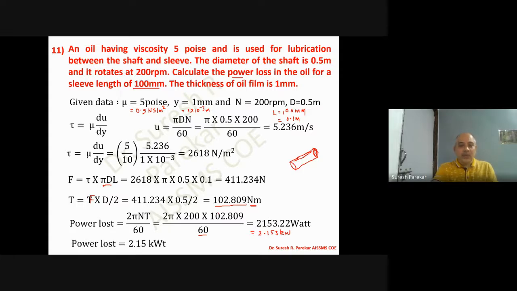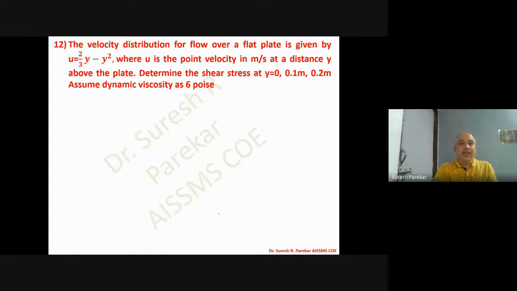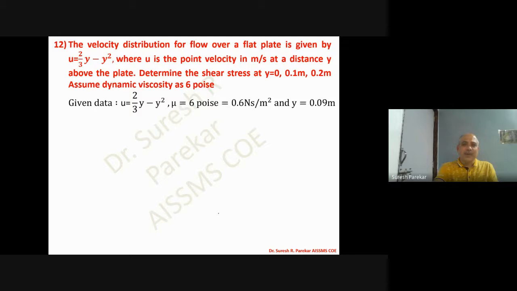Now we will go to the next problem. The velocity distribution for flow over a flat plate is given by u, that formula is given, and y is the distance above the plate. Determine the shear stress at y equal to 0, y equal to 0.1 meter and 0.2 meter. Assume dynamic viscosity as 6 poise. Now this is a simple problem.